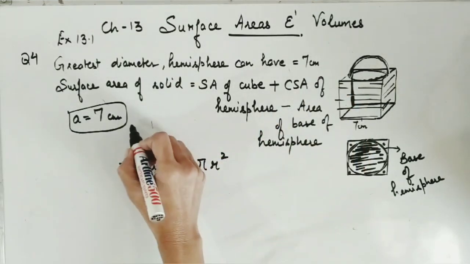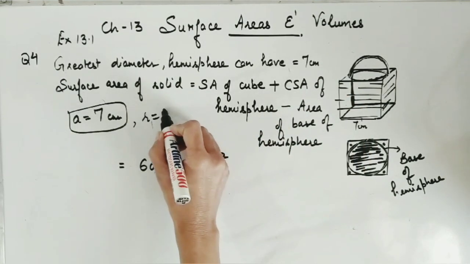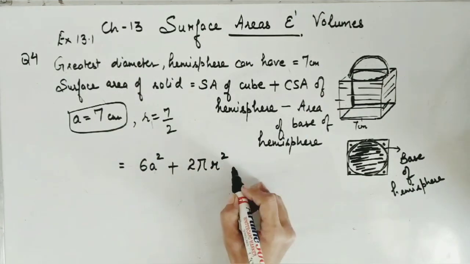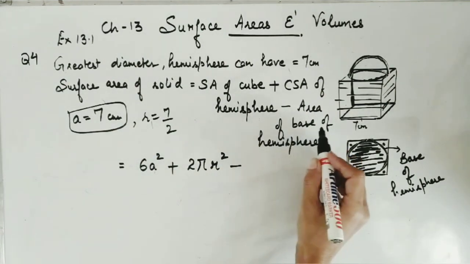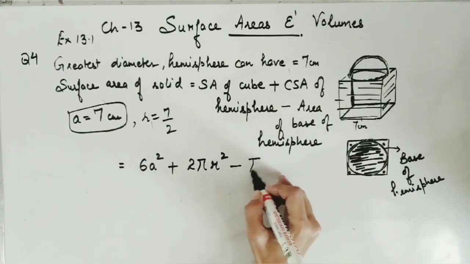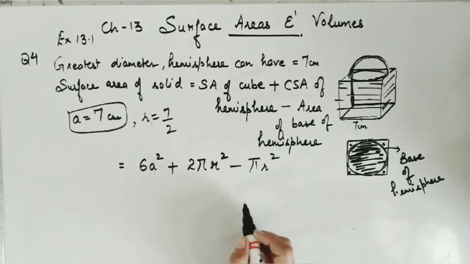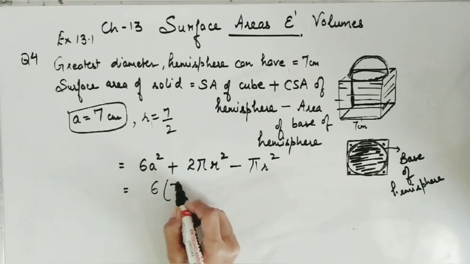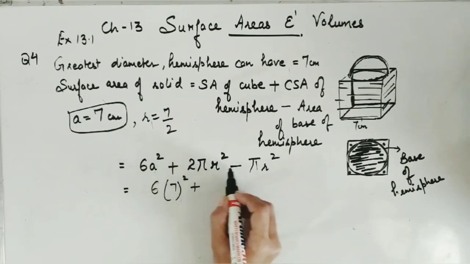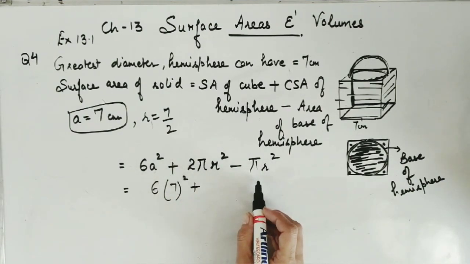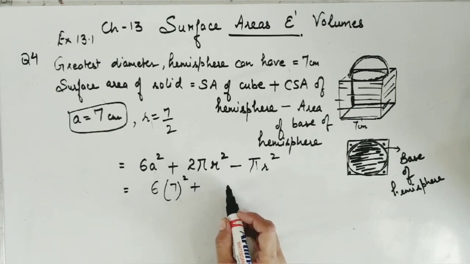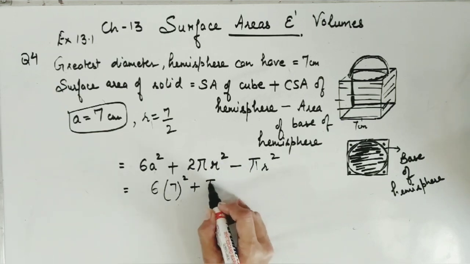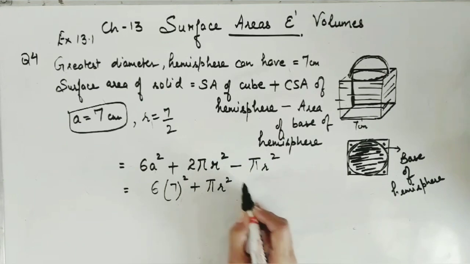Diameter we know is 7, so radius would be 7 by 2, minus area of base of hemisphere. Base of hemisphere is pi r square. In the next step, 6 into 7 square. Can we simplify these two? 2 pi r square minus pi r square would actually be pi r square, isn't it?